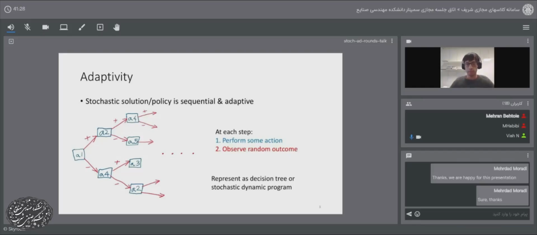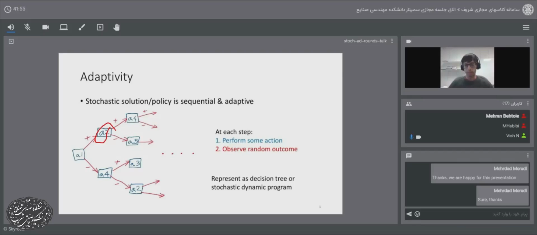So such a solution is also called a policy, and it's easy to represent it by means of a decision tree where every node, like that one, corresponds to some action that you take at that point in the solution, and the branches correspond to the random outcome that you observe. So maybe you observe a positive or a negative outcome, and that sort of updates the state of the solution or policy.